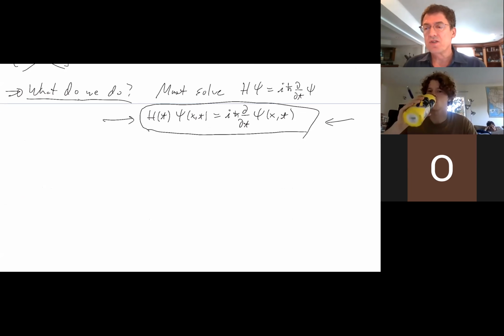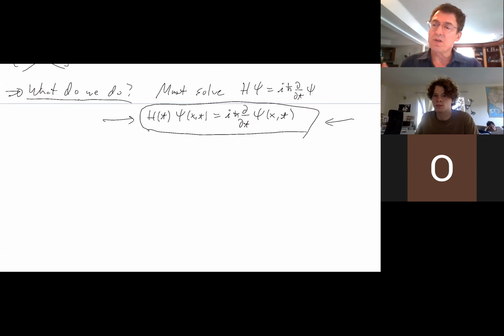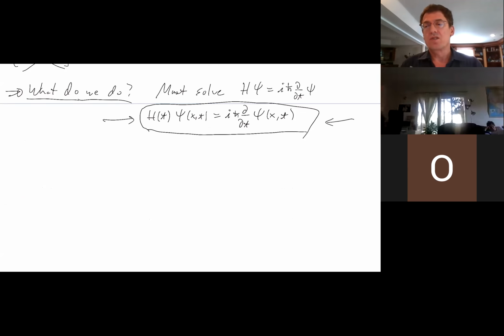That is a smart thing to try. That's the separation of variables, and that's what you did last semester. But that only works when H is constant, so we can't use separation of variables as easily as we did before.